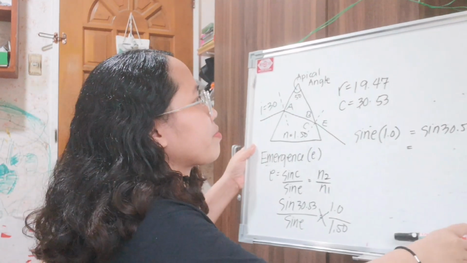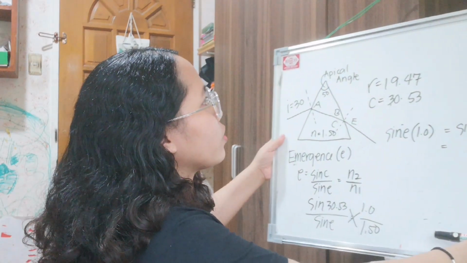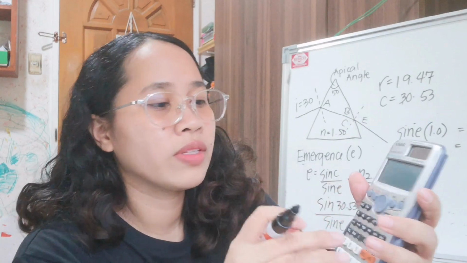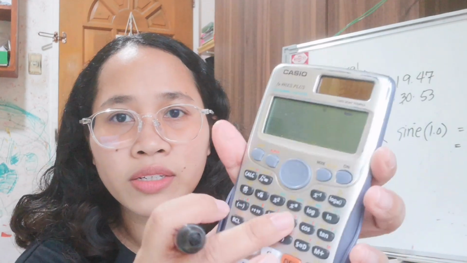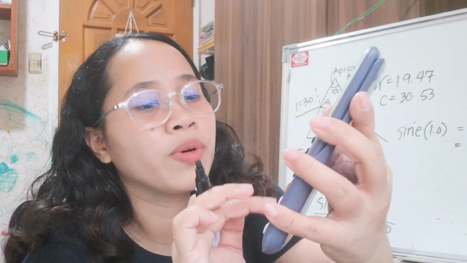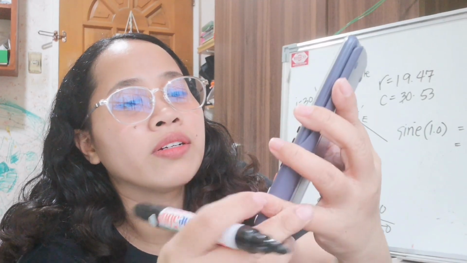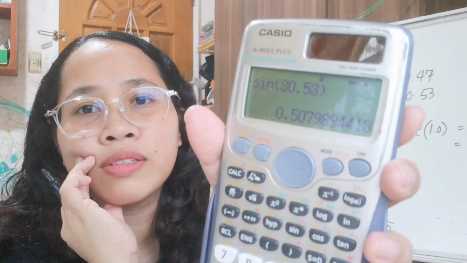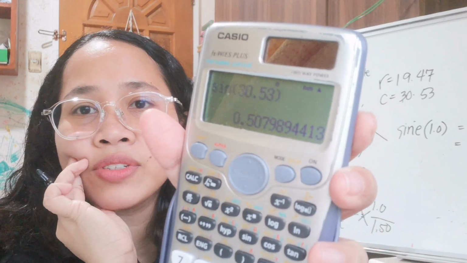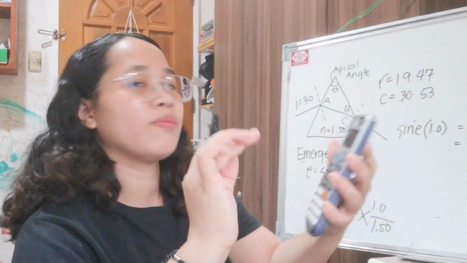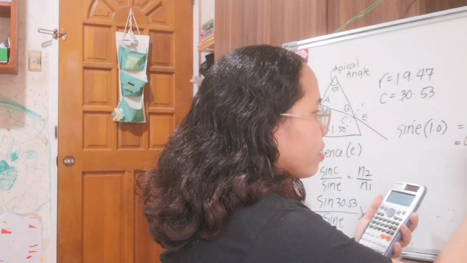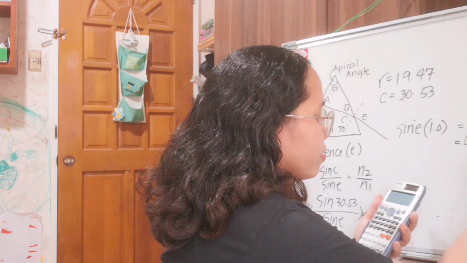Okay, let's check. If you have your calculators, let's check. Sine 30.53 equals 0.507. Okay, I'll just write it, sorry.